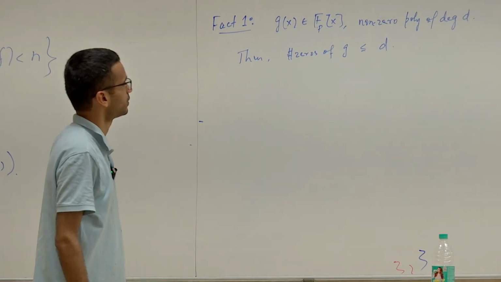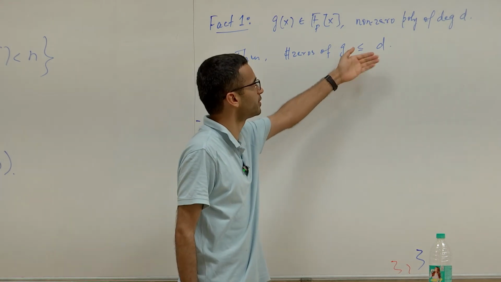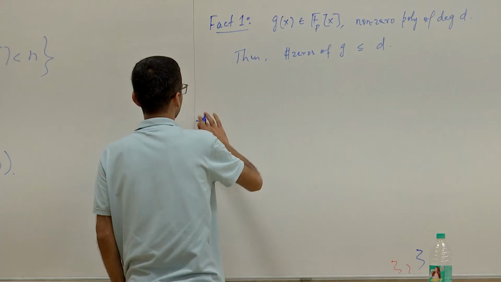Okay, but something stronger is true. What is true is that the number of zeros of g counted with multiplicities is at most d. So let me say what that means.